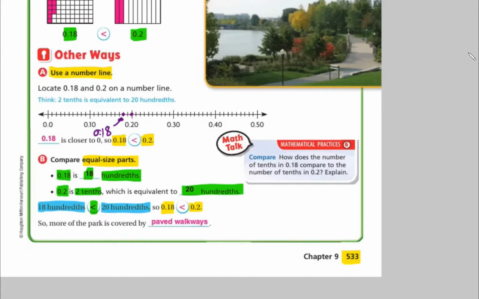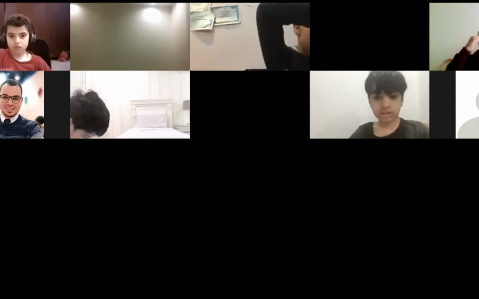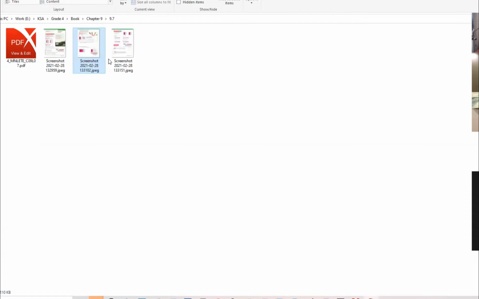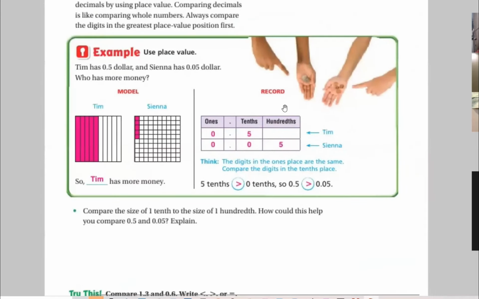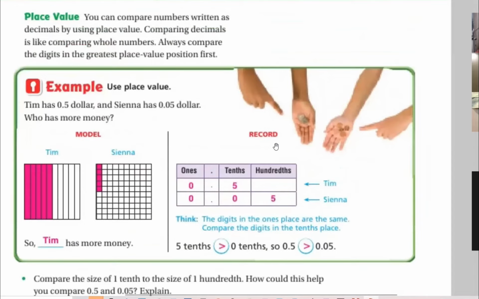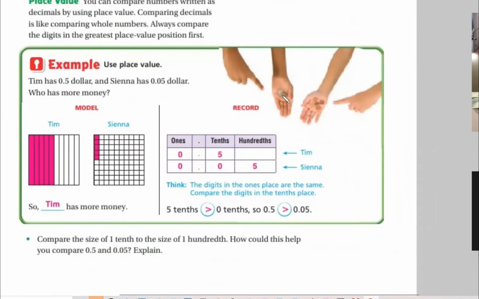Okay guys, let's move to the next page. In this page, we're going to see another way to compare decimals: use a place value chart.